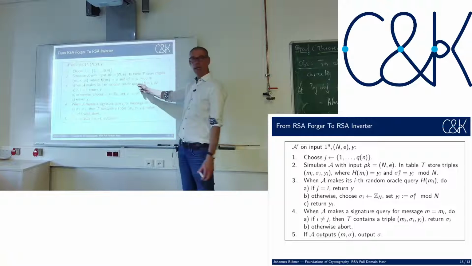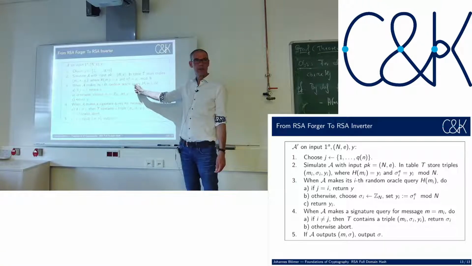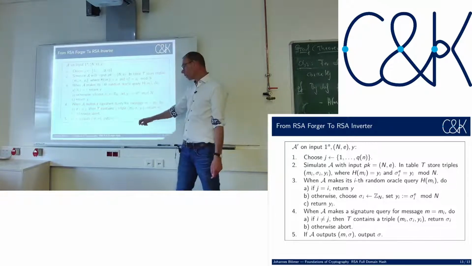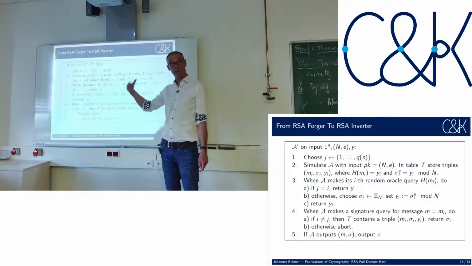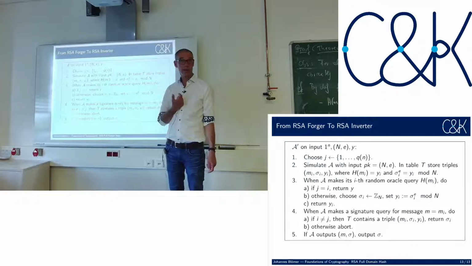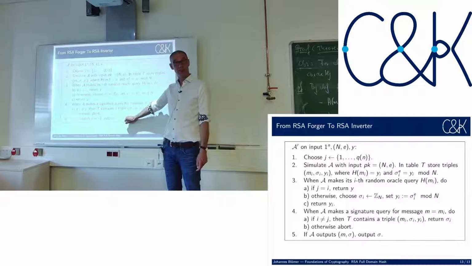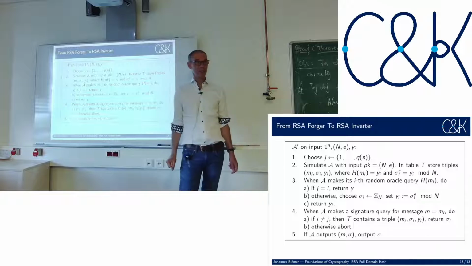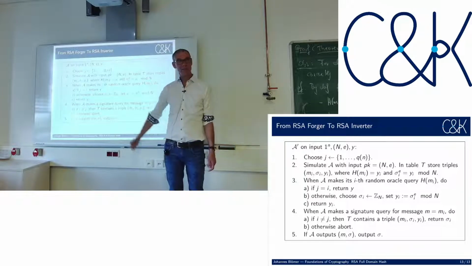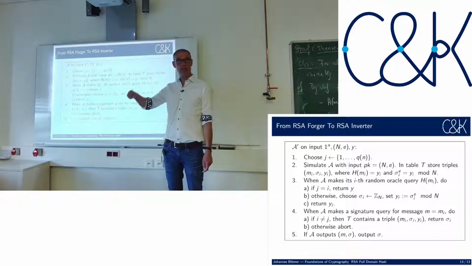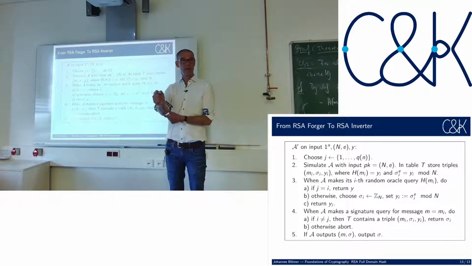Except, of course, when we come to this query here, then we need to compute a pre-image for y. We needed to compute a sigma such that sigma to the e is y. We don't know that. But if that is our forgery, then we really get a pre-image for y, which is exactly the task that we have to solve as an RSA inverter.